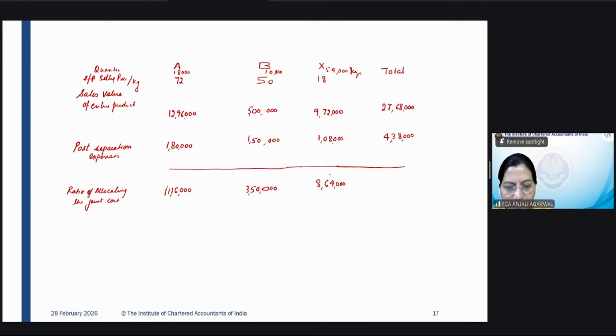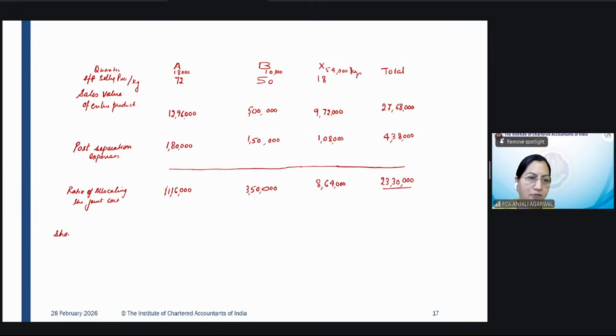So this will not come out to be 1288. It comes out to be 23 lakhs 30,000 only, right? So this is the ratio in which you will allocate joint cost.